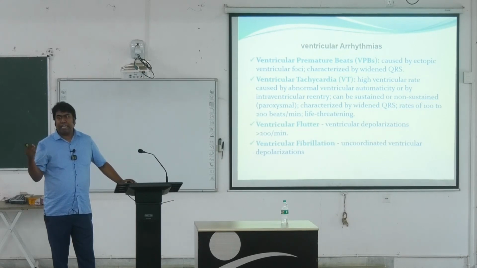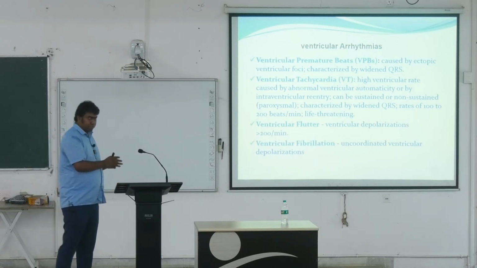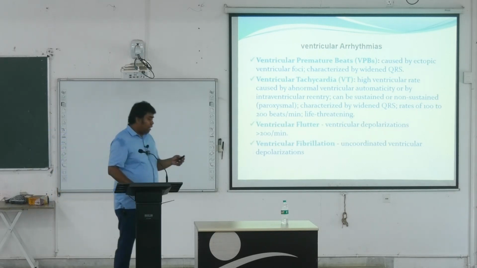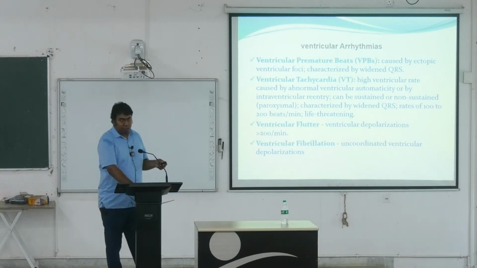And if the ventricle is stimulated at 120 per minute, there may be good enough cardiac output. But if the ventricular tachycardia is 200, it will be unable to produce a sustained amount of cardiac output.